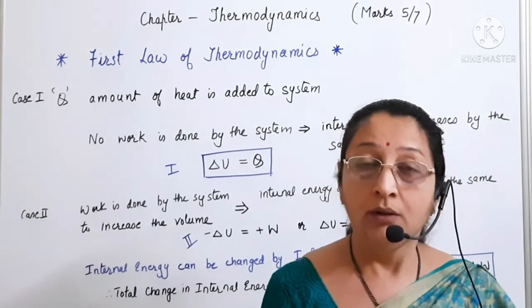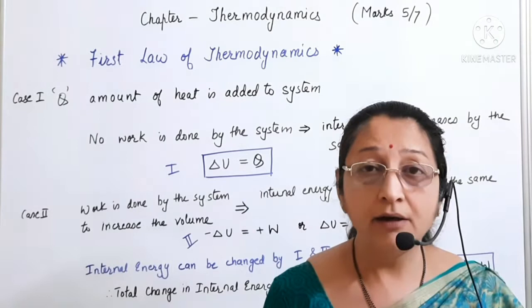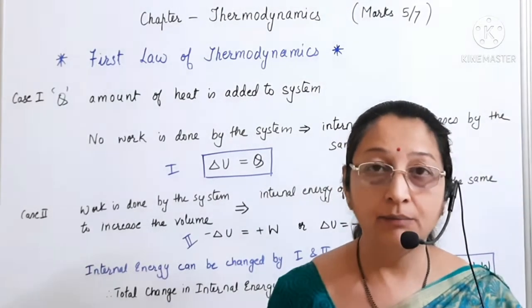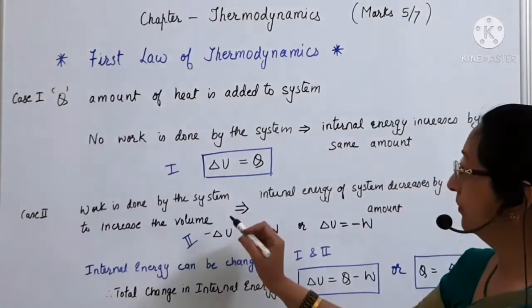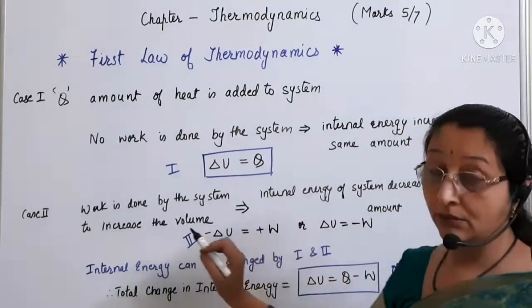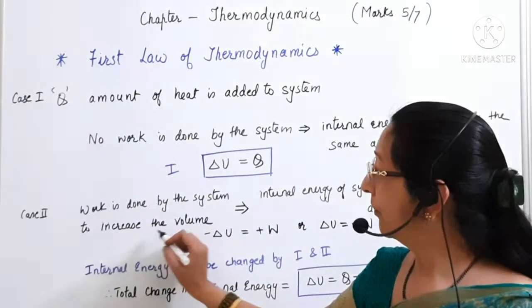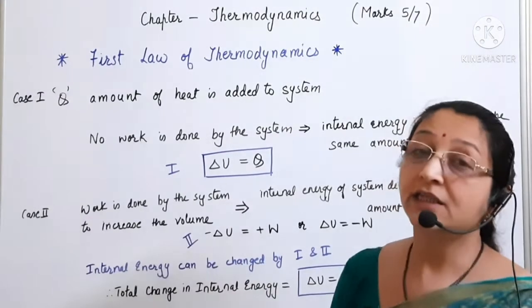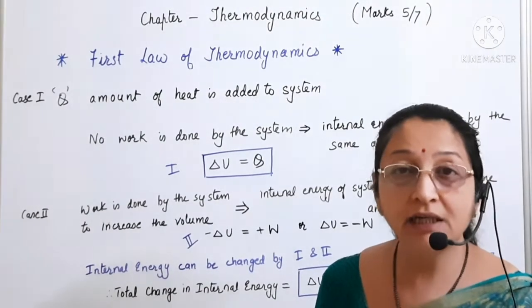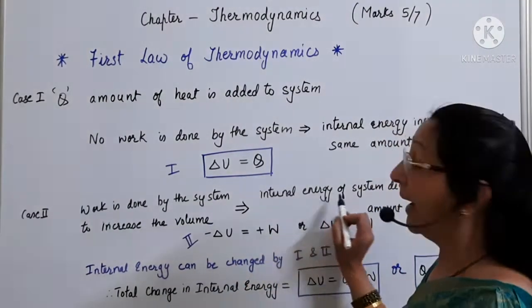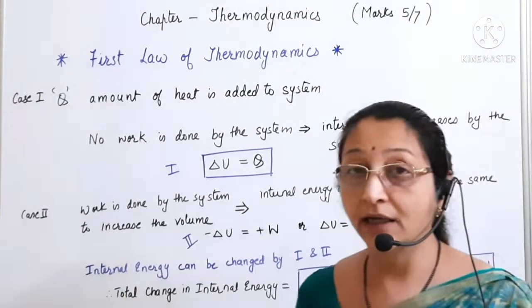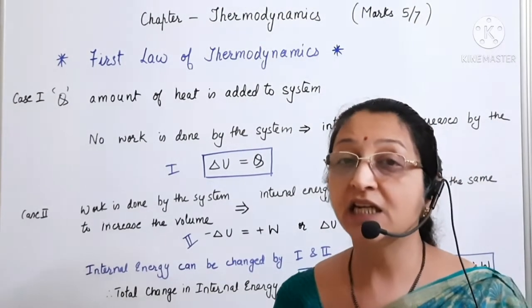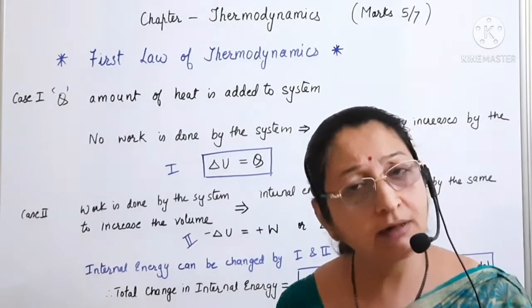Now, the internal energy of the system will decrease because work is done. So, work is done to increase the volume of the system. So, the internal energy of the system decreases by the same amount. जेवढं वर्क केलं गेलं तेवढ्यानी internal energy system ची decrease झाली.